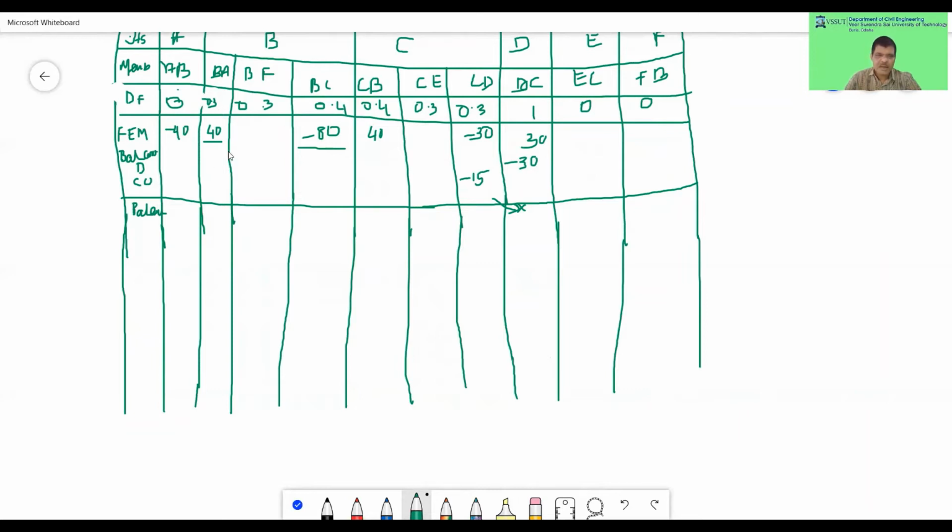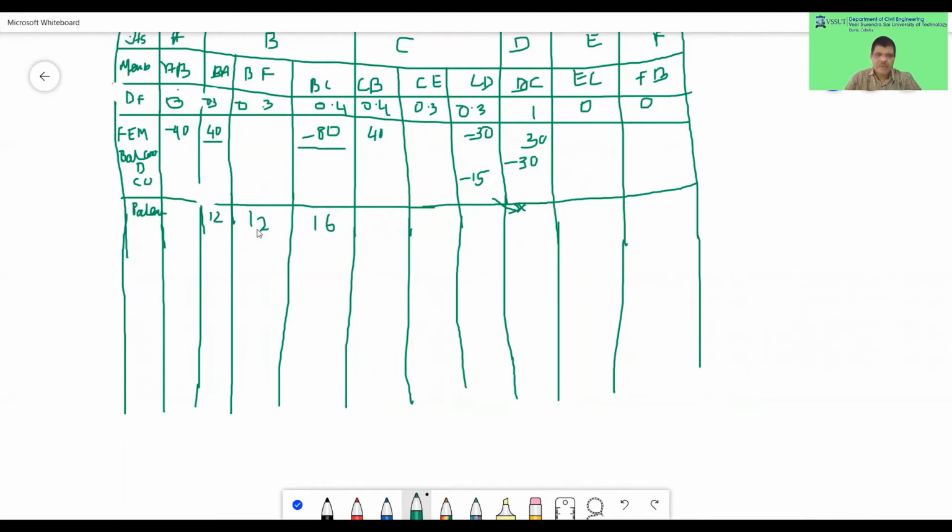So plus 40 into 0.3 will be plus 12. It will be plus 12. Now here is also plus 12, and here will be 60. This is how we can distribute the unbalanced moment, balancing the section.